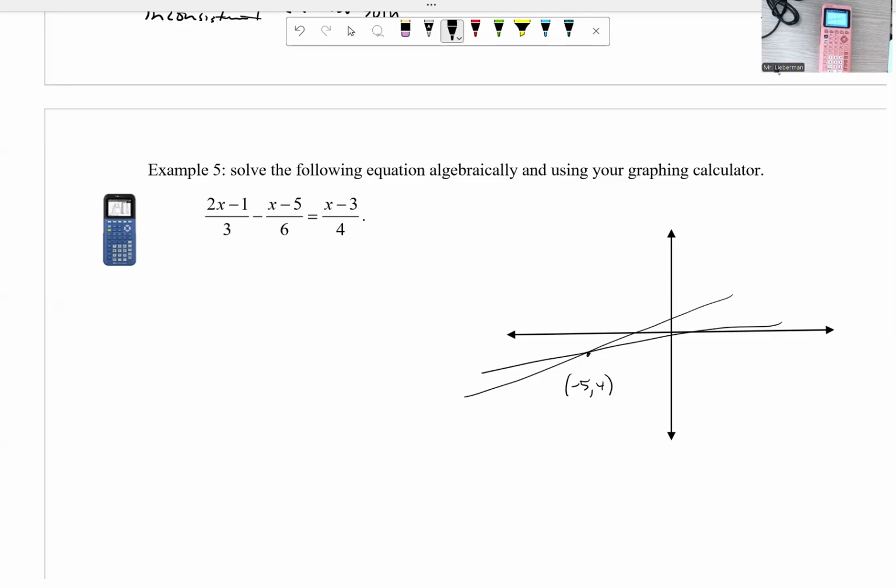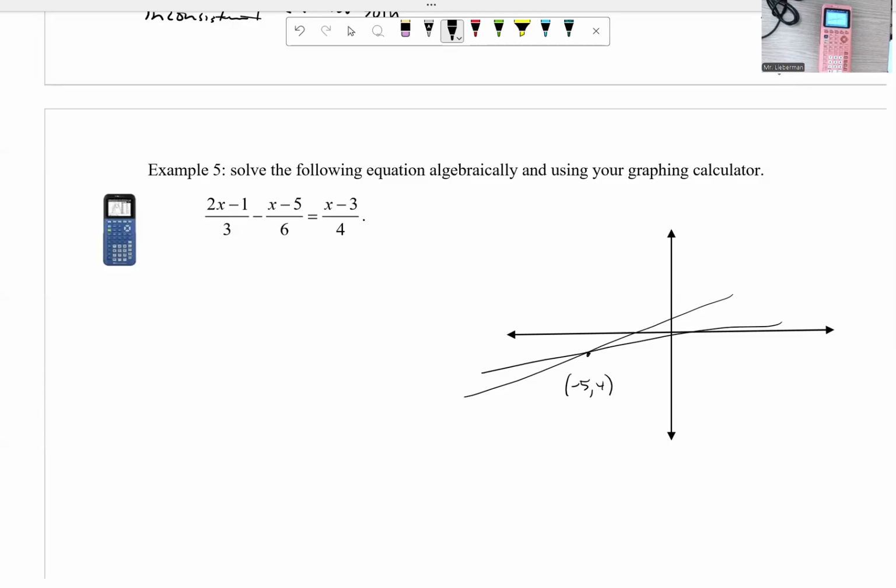We're supposed to be graphing. Oh, I see. You didn't hear my Zoom. Are we supposed to draw this? It seems weird to draw. You could try to draw this. It's so close.